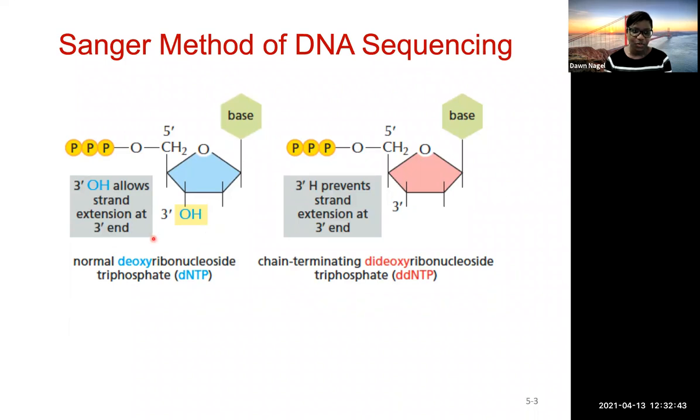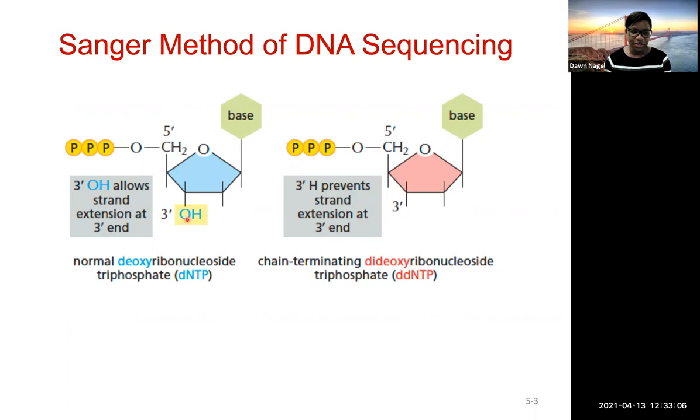If you guys recall when I mentioned that when nucleotides get added to a piece of DNA that's being synthesized. So if you're doing a PCR reaction, you add your primers, you have your nucleotides, right? And they get extended to the 3' OH of the preceding base.